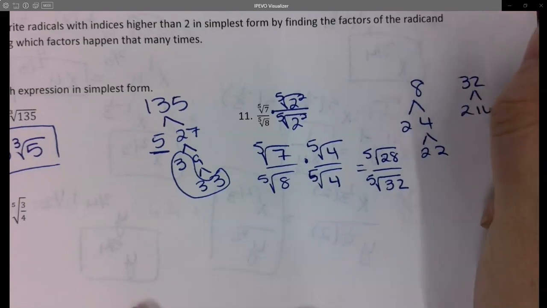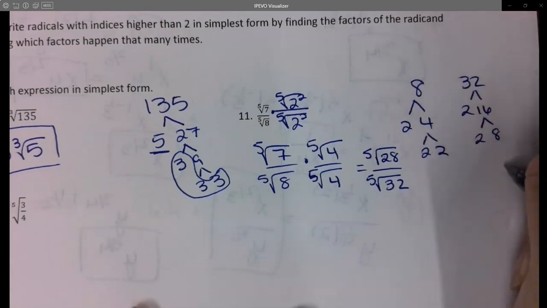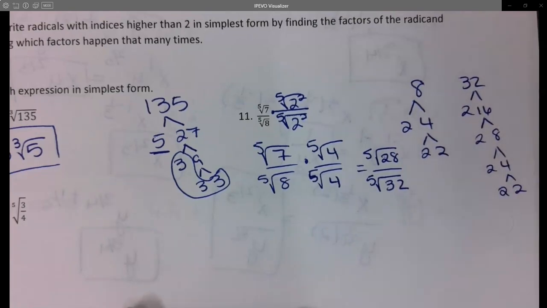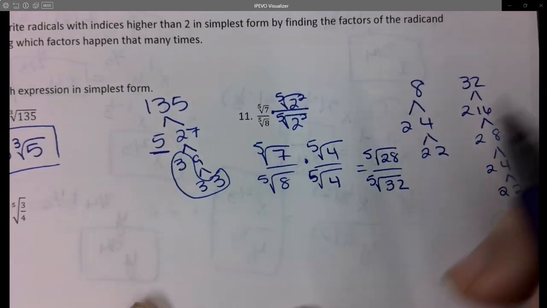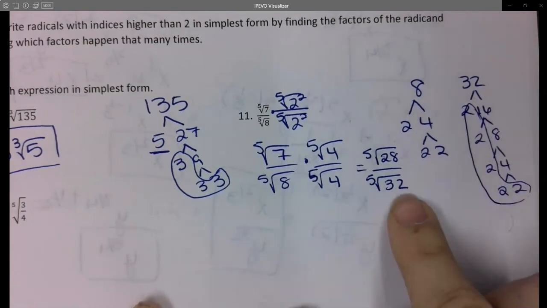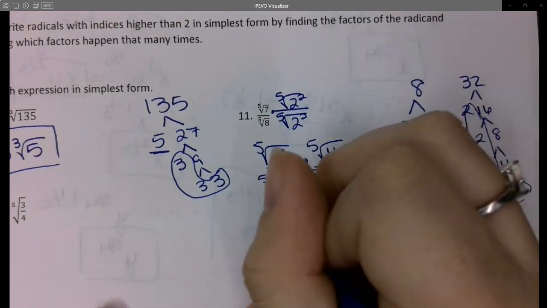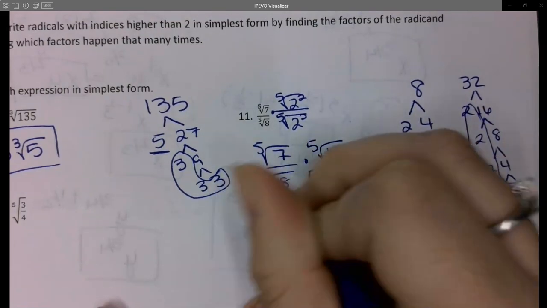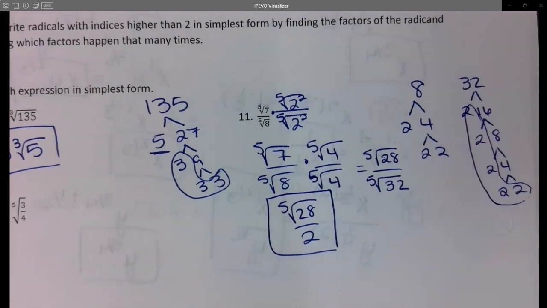So that gives me 2 and 16, 2 and 8, 2 and 4, 2 and 2. Notice now I have 5 2's. So I can get rid of this radical on the bottom. It's just going to turn into a 2.